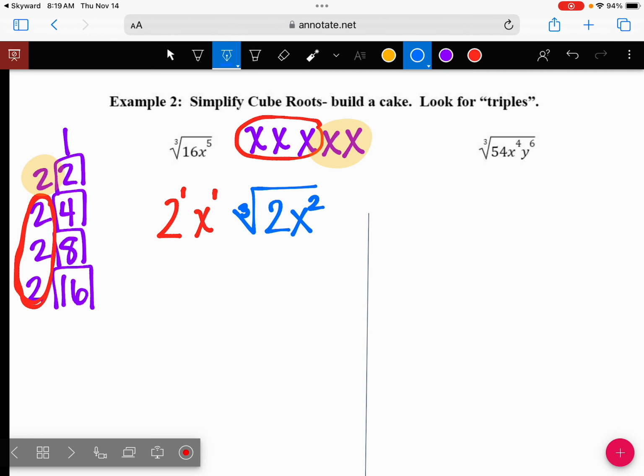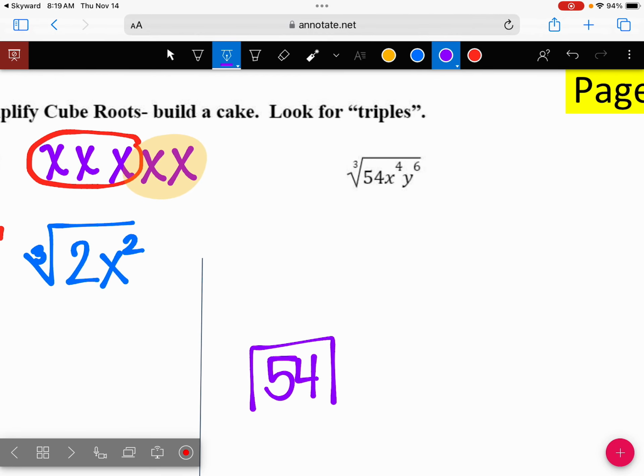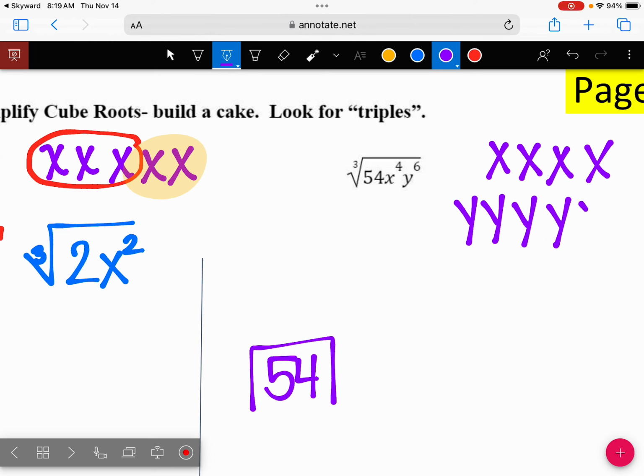All right, let's go ahead and make our cake with the 54. So we can divide 54 by 2. So use your calculator, take 54 divided by 2. 27.